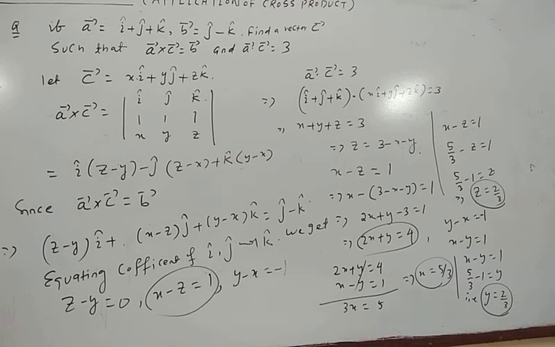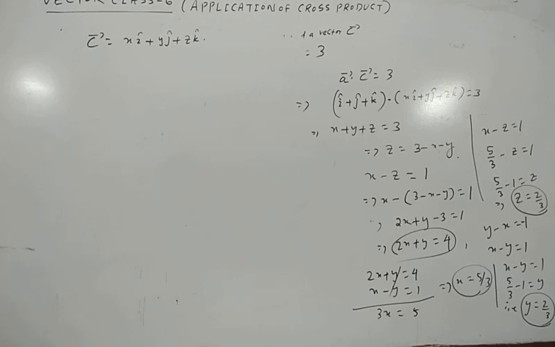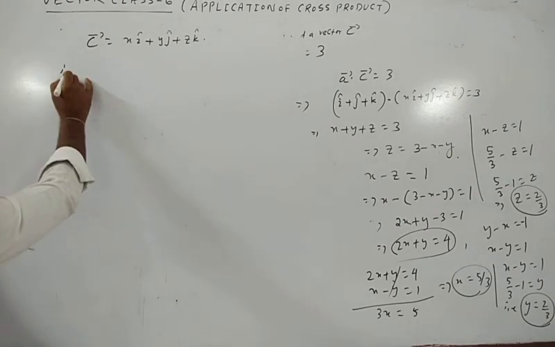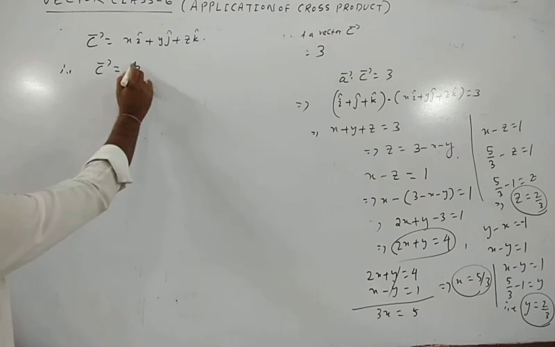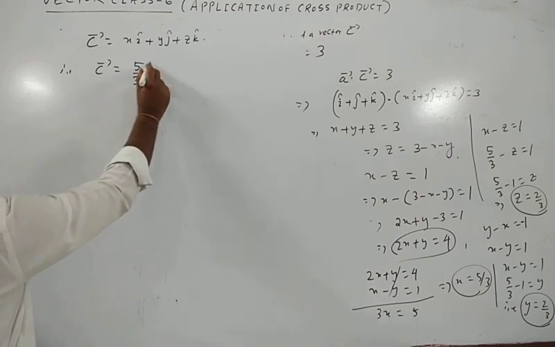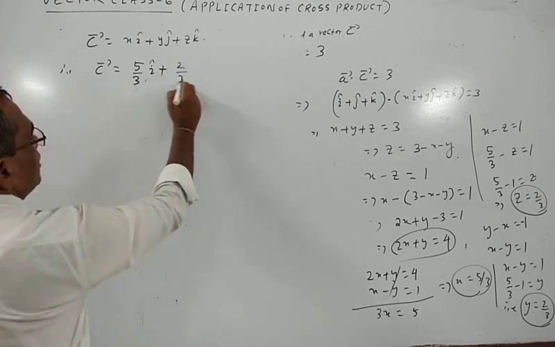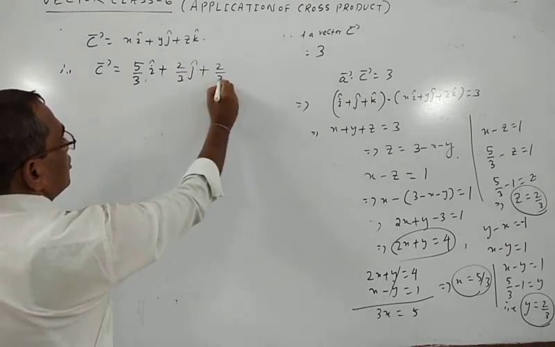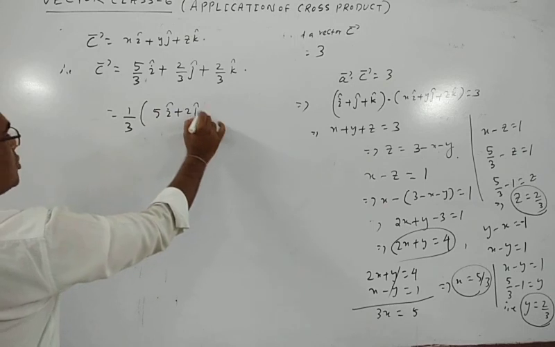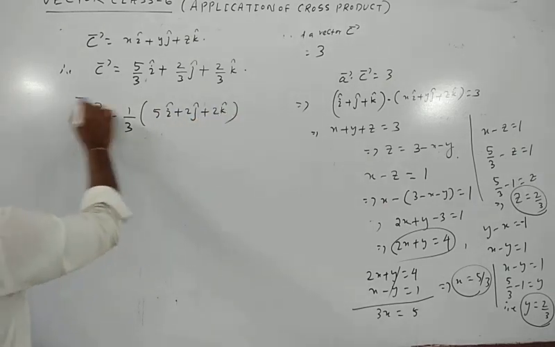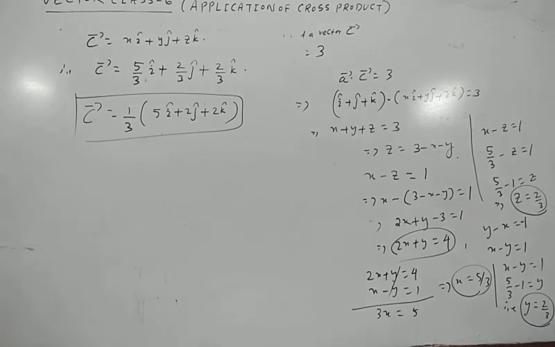So putting the values of x, y, z in c vector, c vector is equal to x i cap plus y j cap plus z k cap, that is 5/3 into i cap, 2/3 into j cap and 2/3 into k cap. Taking 1/3 common, c vector is equal to 1/3 into (5 i cap plus 2 j cap plus 2 k cap).